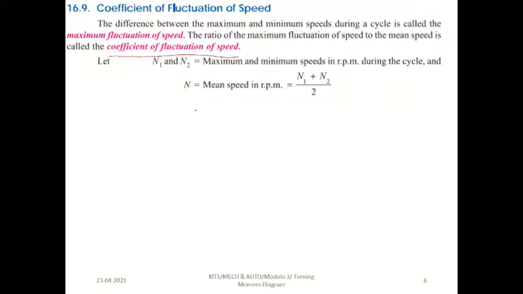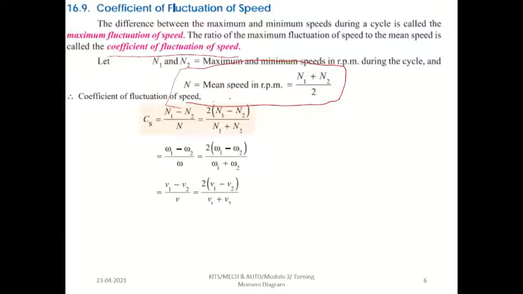So mean speed equals N1 plus N2 divided by 2, maximum speed plus minimum speed divided by 2.